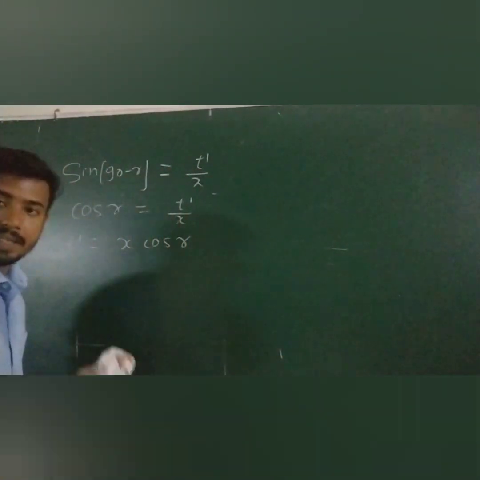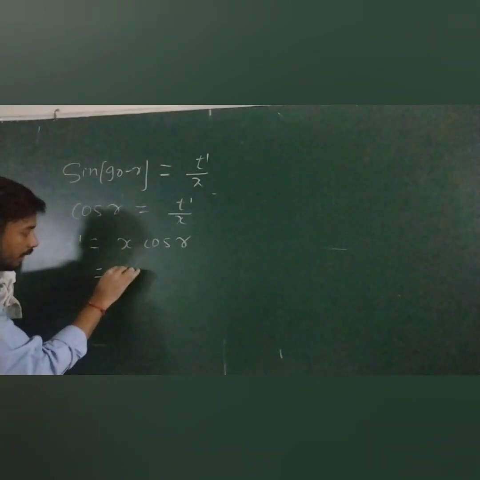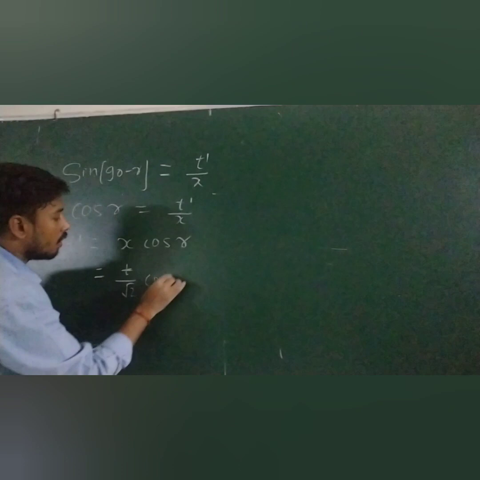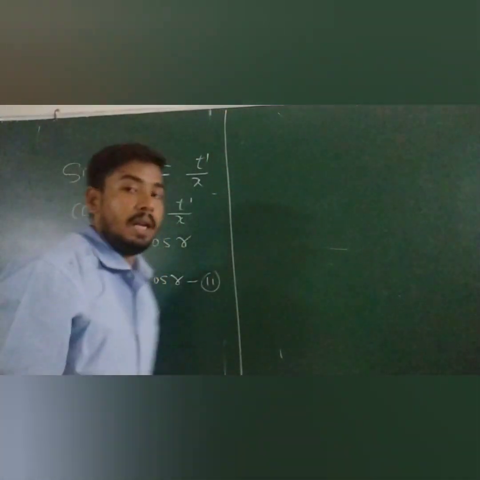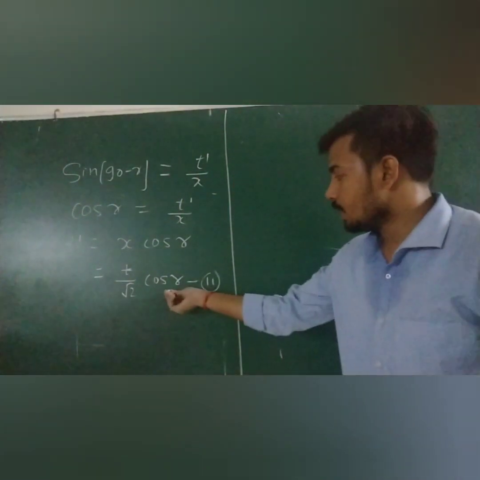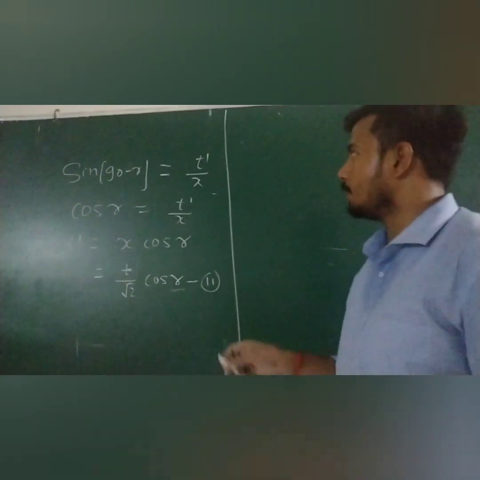We have already calculated X as T by root 2, so T dash is T by root 2 into cos R. Once we calculate cos R, we will get the result.